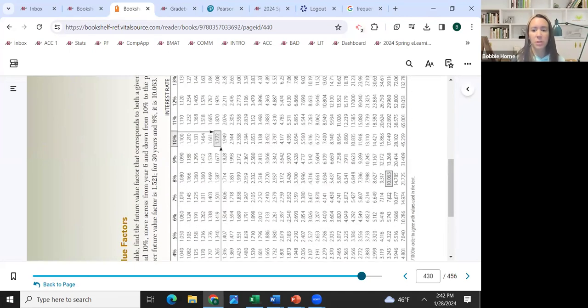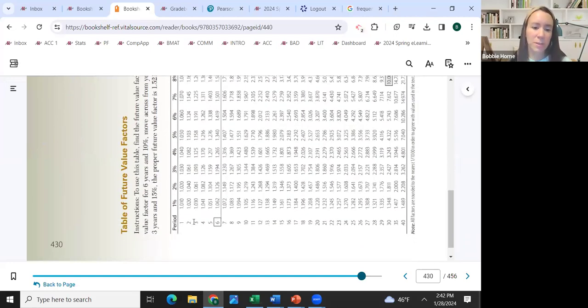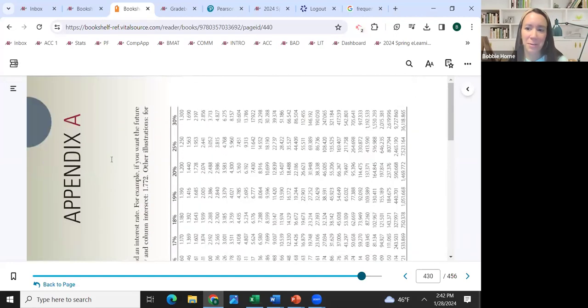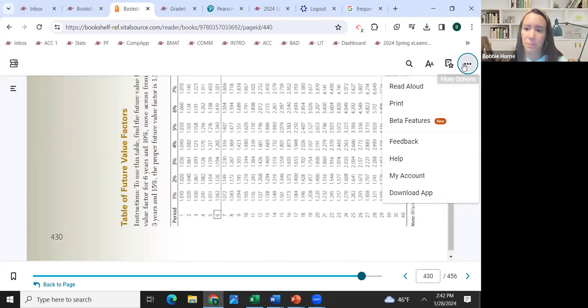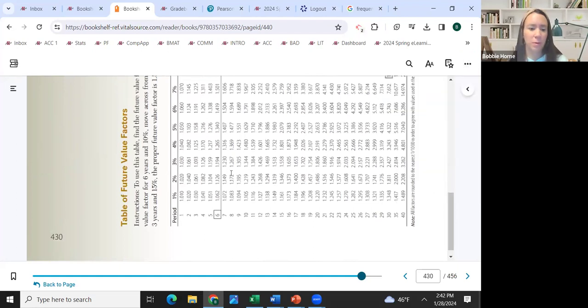I don't know if I can rotate it or not, but we can still kind of look at it. All right, well, we'll do the best that we can.